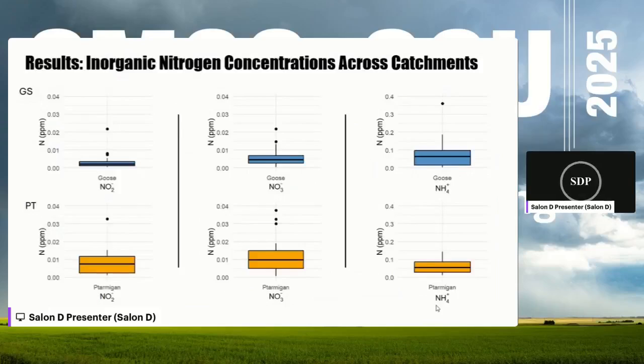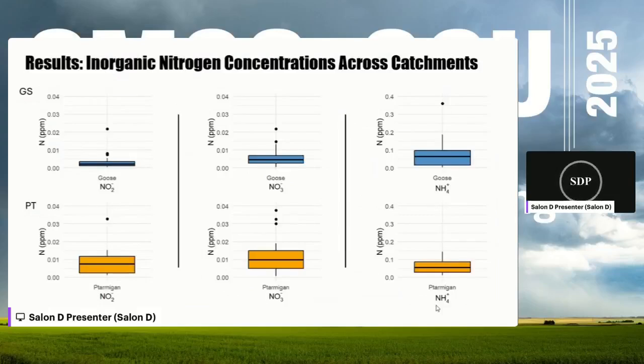Getting into some results, we have box plots of seasonal concentrations in both catchments. Just for some context, in 2012, Ptarmigan's mean nitrate concentration, nitrate being the middle one there, was 32 times higher than Goose. This year, it was only about double that of Goose.